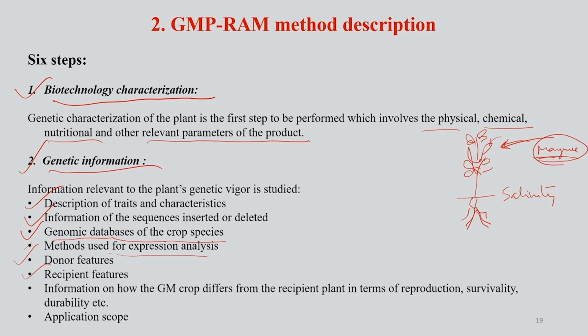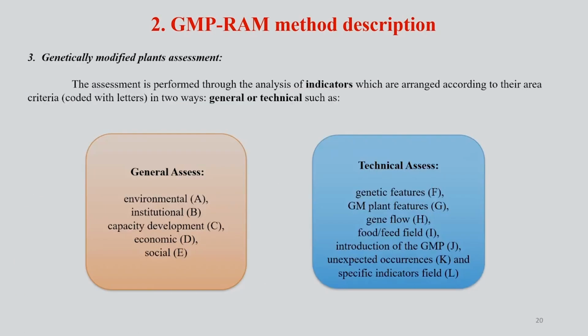Now, recipient features means this particular plant, the rice plant, with information on how the GM crop differs from the recipient plant in terms of reproduction, survivability, durability, etc. So, comparative assessment. Application scope means if you develop this kind of, say, salt tolerant rice plant, it can certainly be applied in the area where salt intrusion is there.